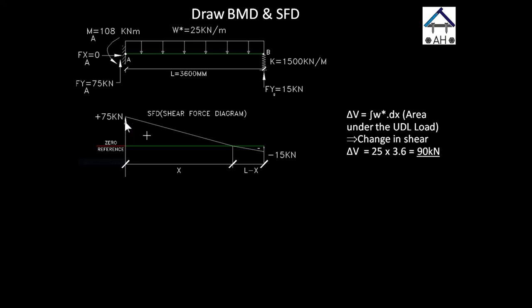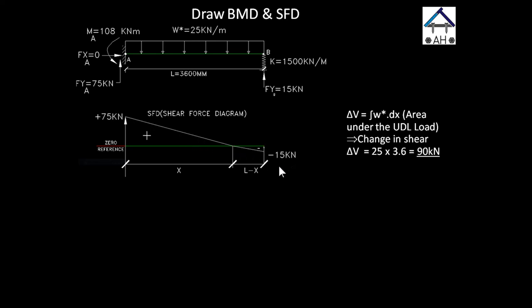Then, because the distributed loads are pointing downwards, we start to move down linearly from 75 kilonewton. Now, the amount we go down is the change in shear, which is the area under the distributed load. This means we need to go down 90 kilonewton from 75 kilonewton, which will take us down to negative 15 kilonewton.